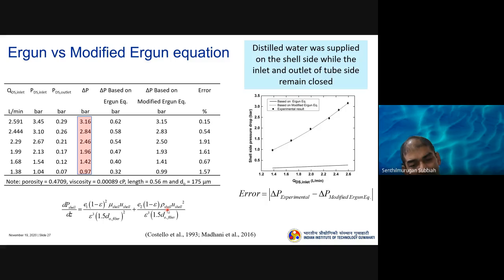The Ergun equation is applicable for non-porous media, but here it is a porous media, so we want to recalculate the coefficients of the Ergun equation, which were E1 and E2, where we have used simple pure water and then calculated the pressure drop. Using this pressure drop, we were able to calculate the parameters E1, E2, wherein we just minimize the error, calculated from delta P experimental minus the delta P modified Ergun equation. This is going to be a modified delta P Ergun equation.